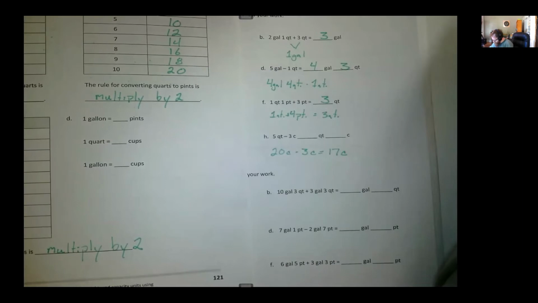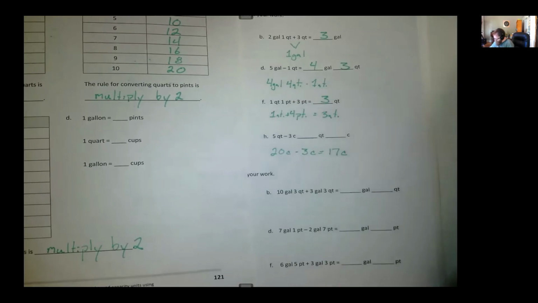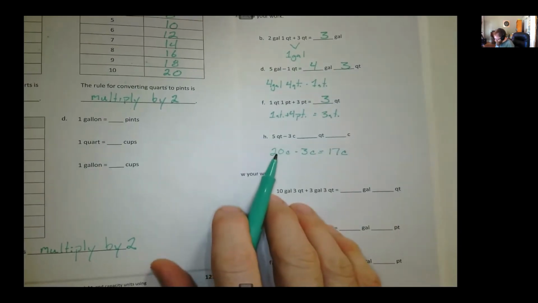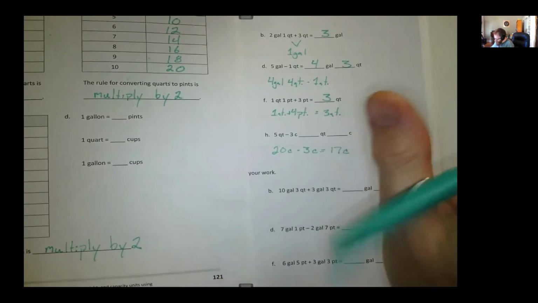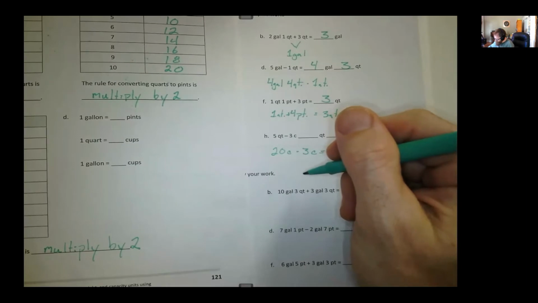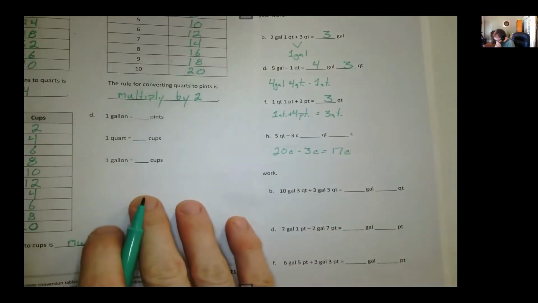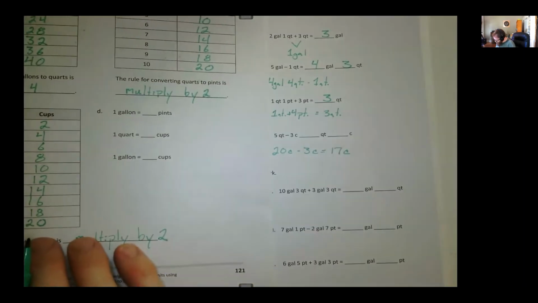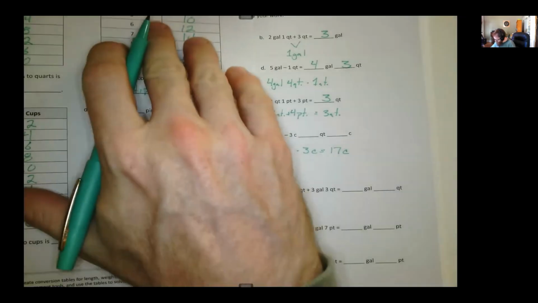So 20 cups. We have to convert back to quarts. 20 cups, 10 pints, 5 quarts.